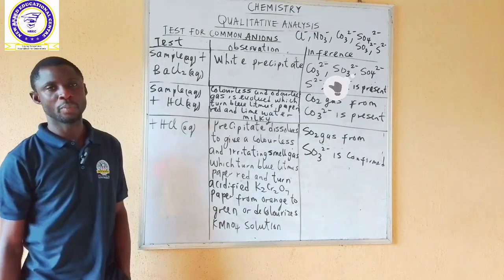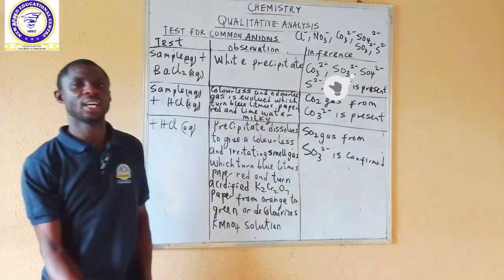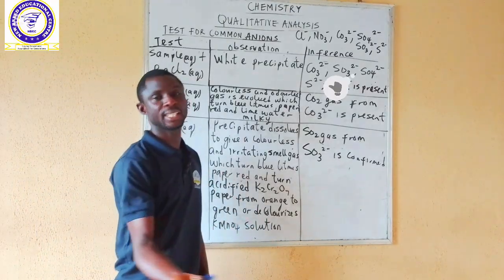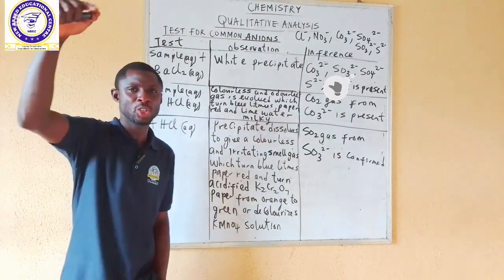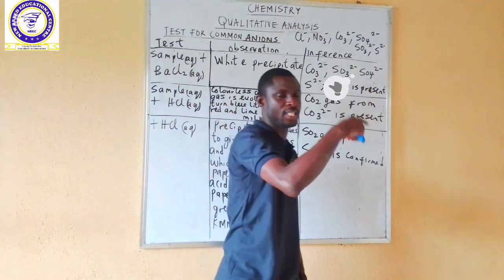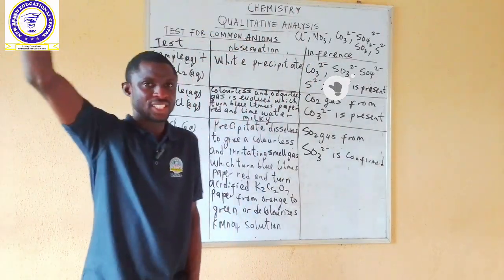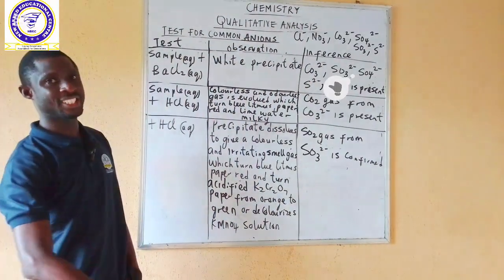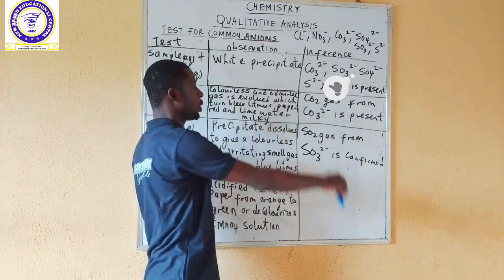So if CO2 gas is being liberated, it means that acid has been added to a carbonate. Here also, if CO3 2- is inside a sample and we add HCl to it, CO2 will be liberated, and the CO2 that is liberated is telling us that CO3 2- is in that test sample. So this is another way to test for CO3 2-.